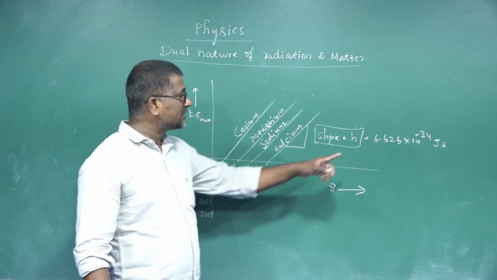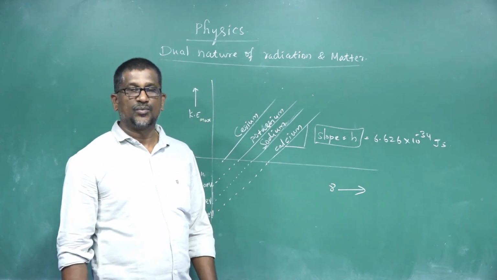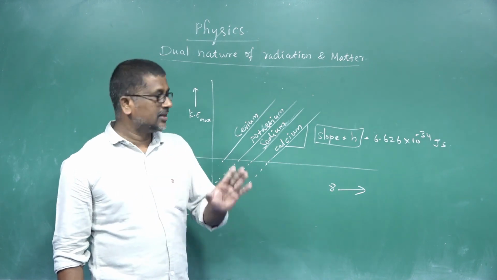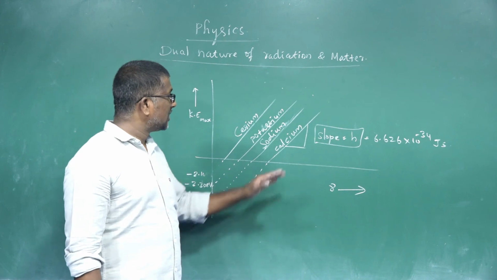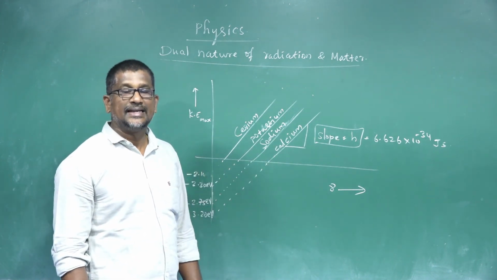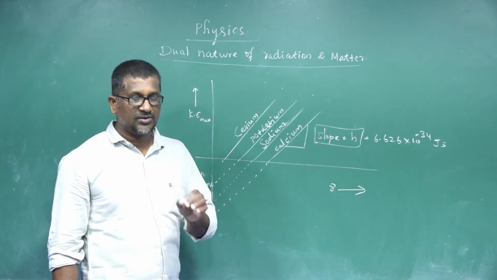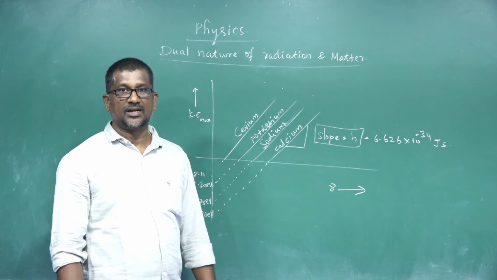The value obtained is 6.626 × 10^-34 joule second, right? And he also found that the slope of the line is independent of the nature of the metal. So Millikan was the first to verify Einstein's photoelectric equation experimentally.